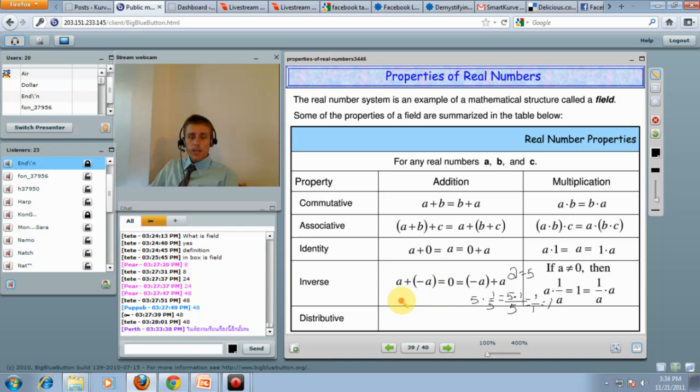So in addition, the inverse is the negative of the number. In multiplication, it is the number under 1. So in multiplication, the inverse of 5 is 1 over 5.